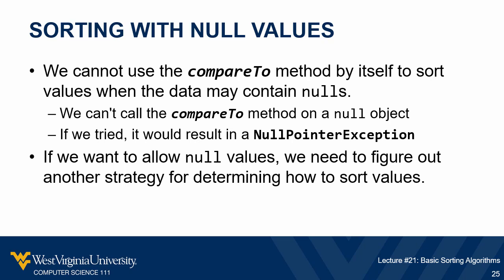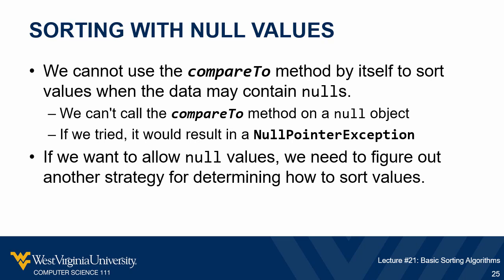One of the challenges when we're trying to sort reference type objects, which includes things like strings and our wrapper types for integer and double, anything that would involve basically being stored through the use of a generic parameter, is that potentially, at least in theory, we can have values stored that are nulls. Now, we may choose to filter these null values out through the operation of our code.